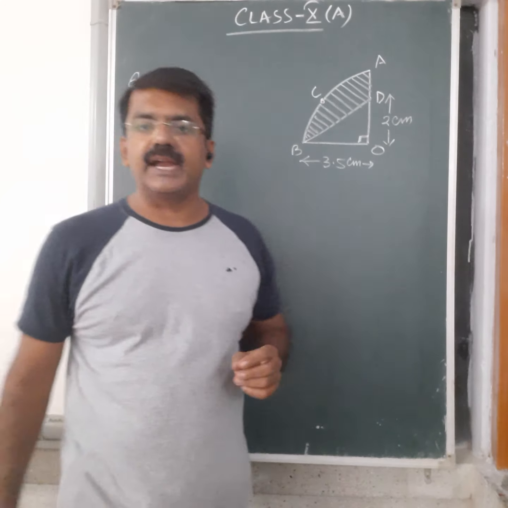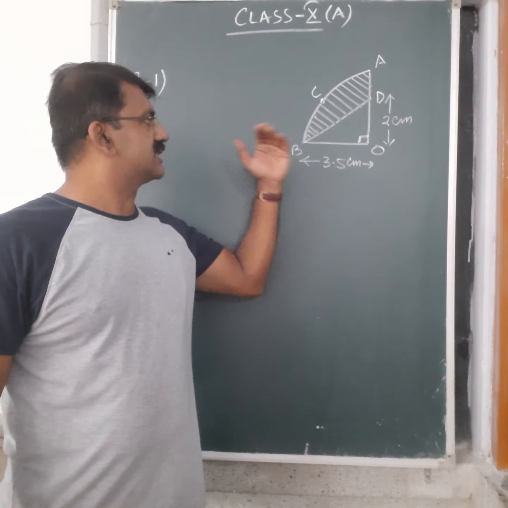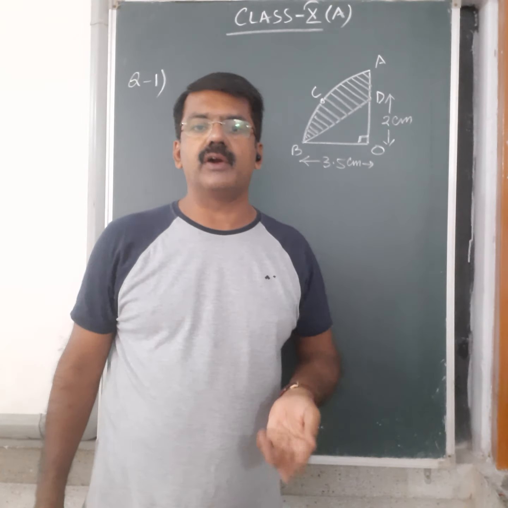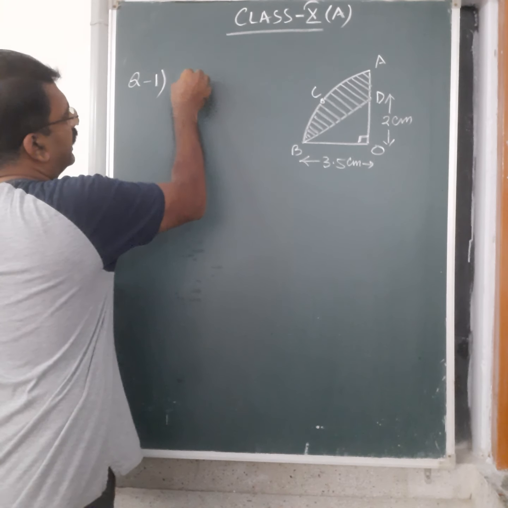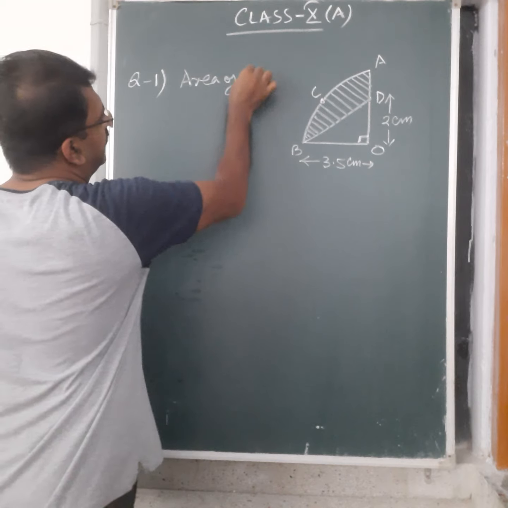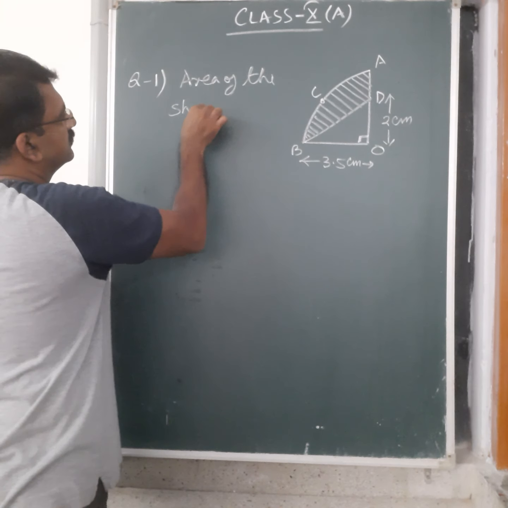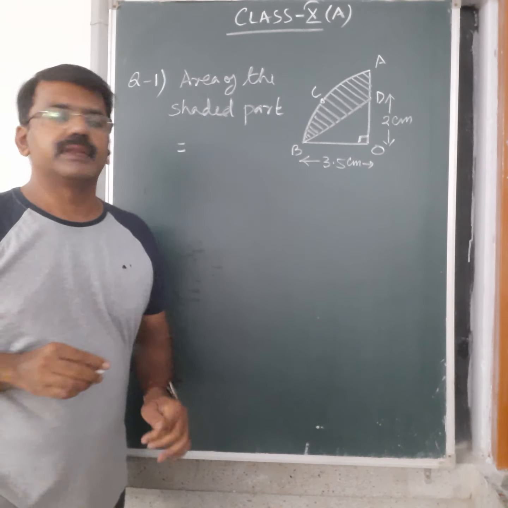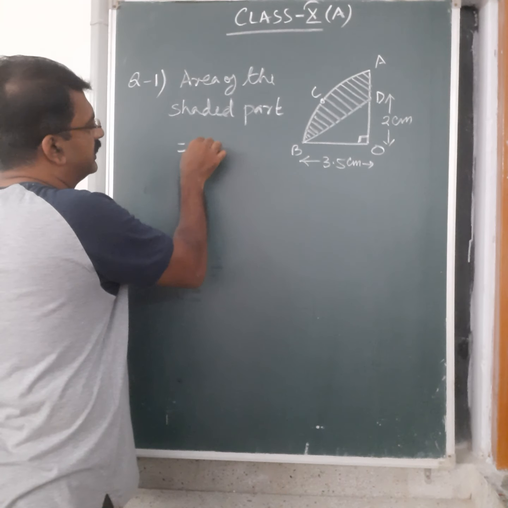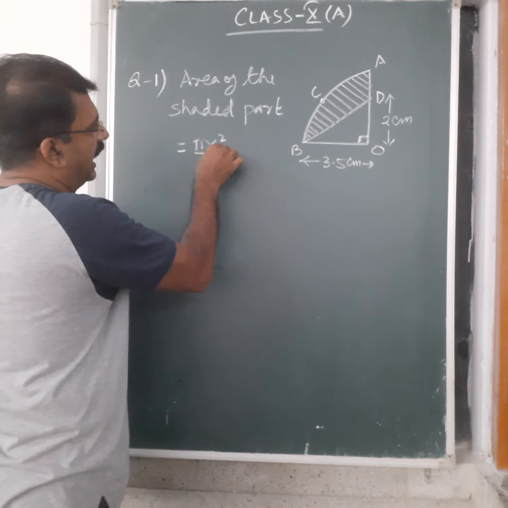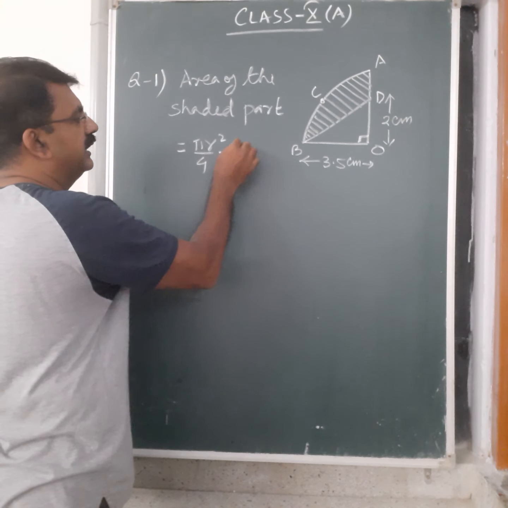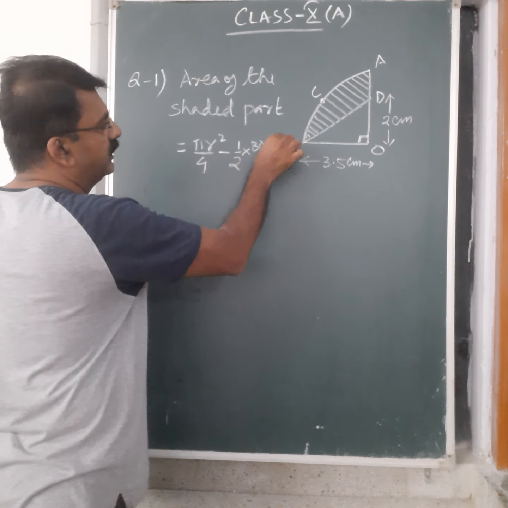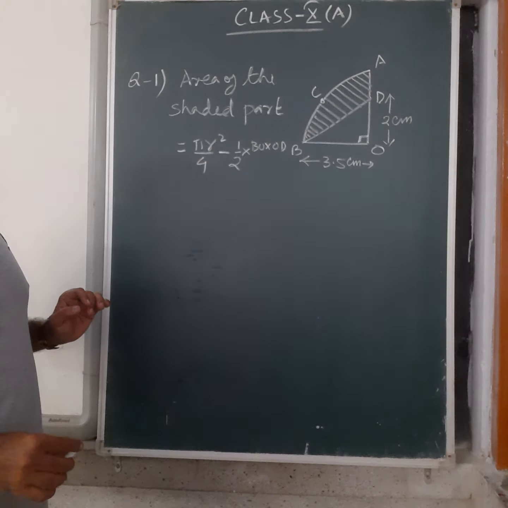So, area of the shaded part is equal to the area of the quadrant, which is pi r square by 4, minus the area of the triangle BOD, which will be half into base BO into height OD.